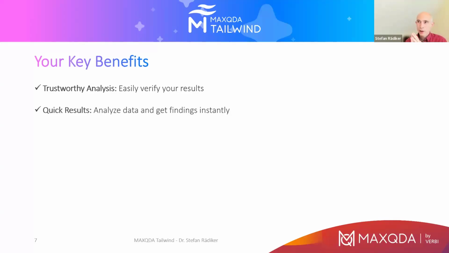Although I'm a little bit hesitant of pushing the time here, I think it is a huge benefit, because I remember working on an evaluation project with 10 interviews in 2008, where we used 100 hours to analyze those data. I think using Tailwind, we could reduce this to 5 or 6 hours plus the transcription, which is done in parallel with MAXQDA transcription, right?